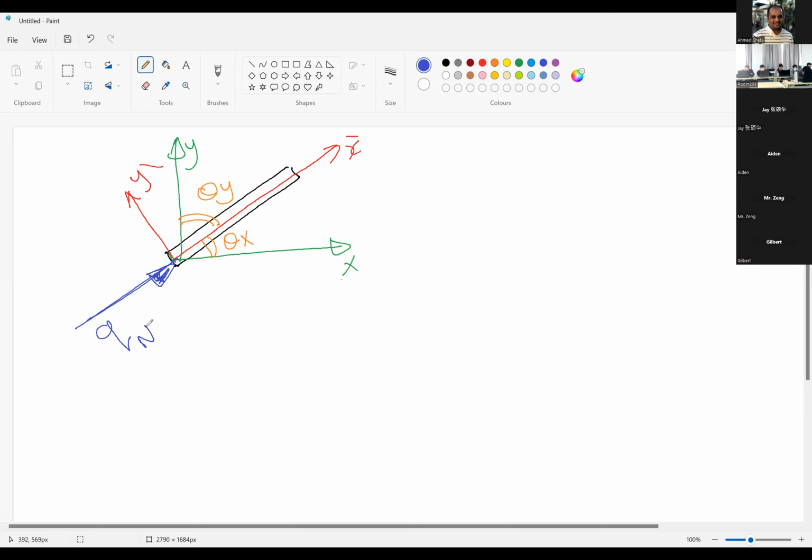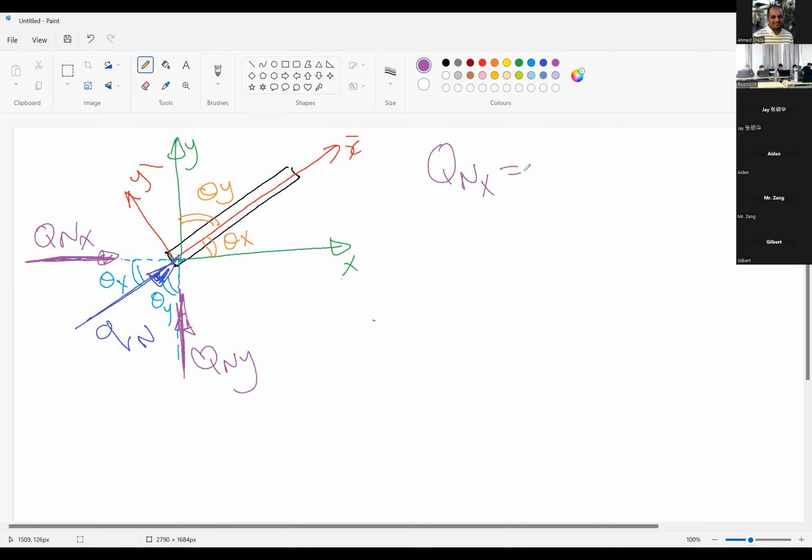If we have Qn, how can we find Qnx and Qny? If we extend this to the axis, this is theta x and this is theta y. So the force in the x direction, this component, will be called Qnx, and this is called Qny.